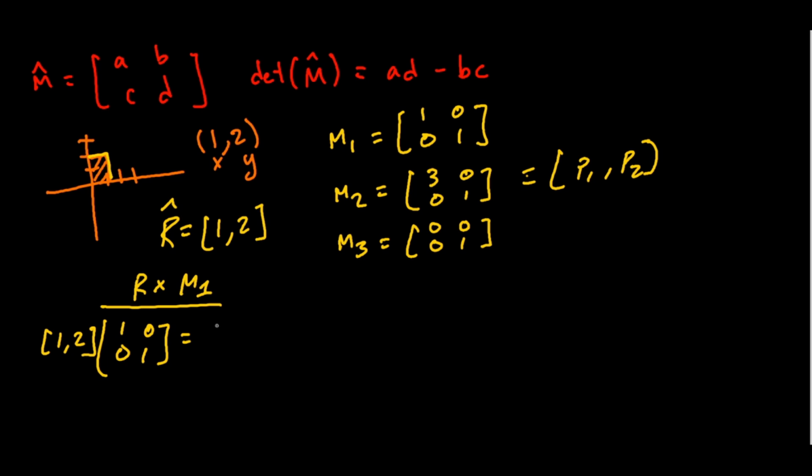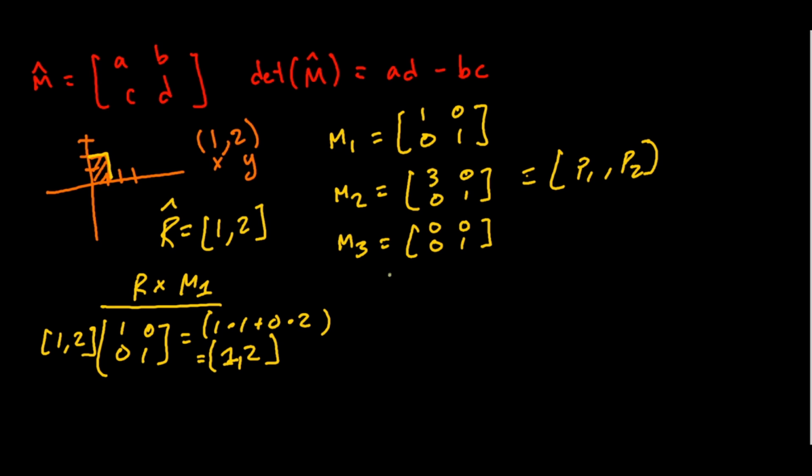So it's going to be 1 times 1 plus 0 times 2, and that's going to be the first point, which comes out to 1. And then the second point is going to be 1 times 0 and 2 times 1, so it's going to be 2. So that means our point, our P1 and P2 is 1, 2.